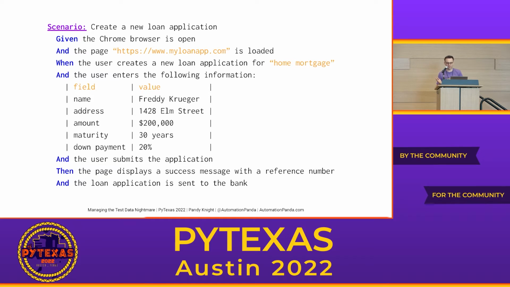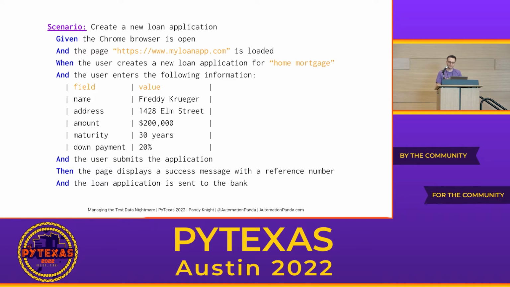Now, bear in mind, a real loan application would probably need several pages of information, but let's keep our example today simple. This test creates and submits a new home mortgage loan application for the user.